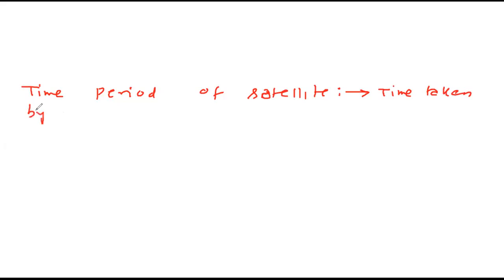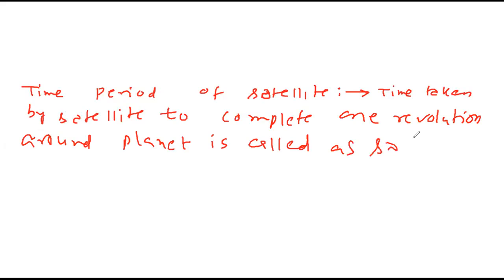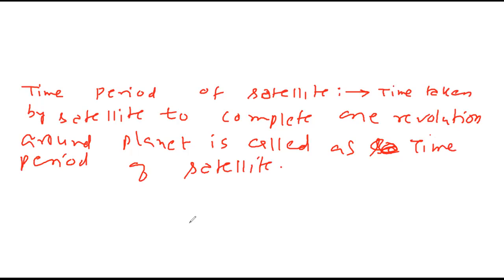So time taken by satellite to complete one revolution around planet is called time period of satellite. Right definition.